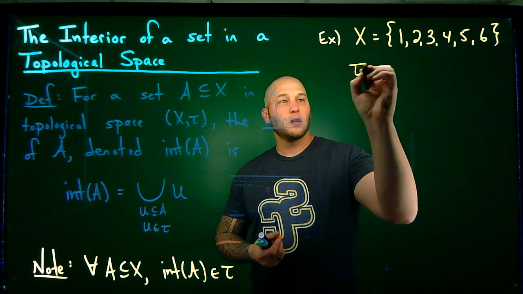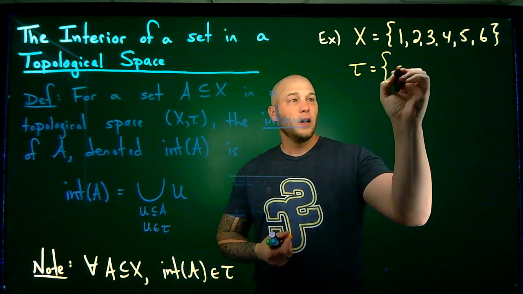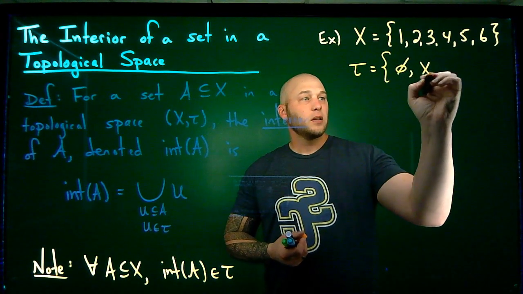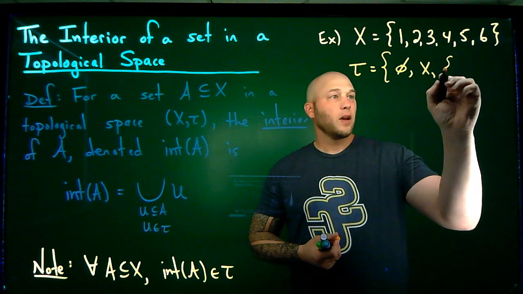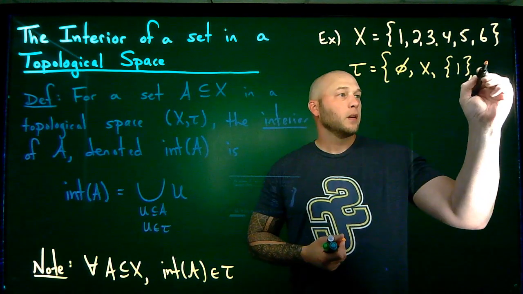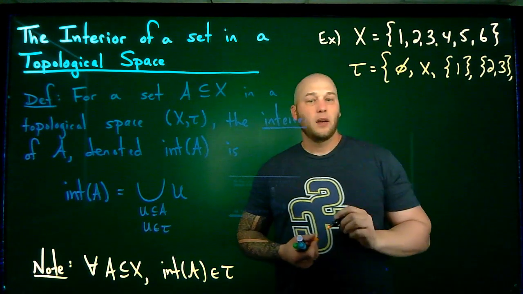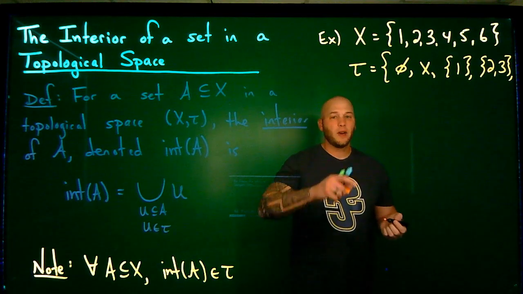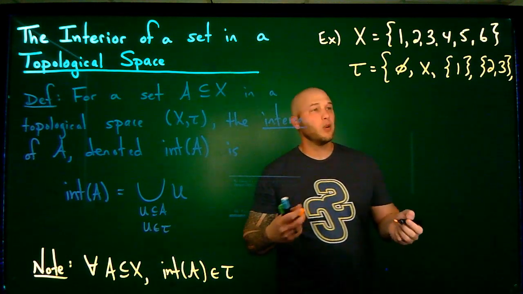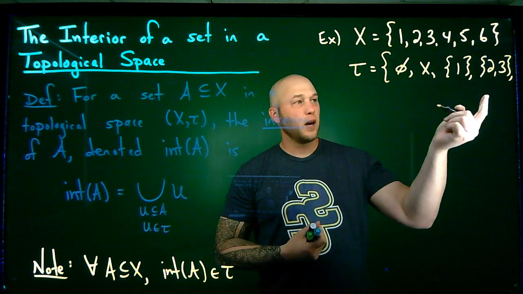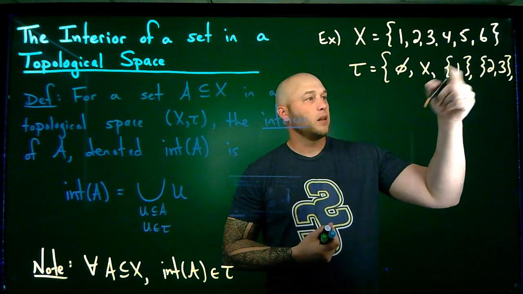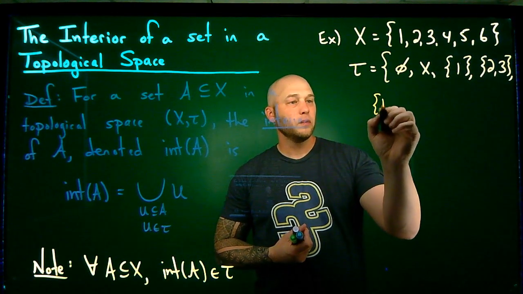Let's say this topology tau contains the empty set, X, the singleton 1, and the set 2, 3. Let's build this as we go. Well, if it has the singleton 1 and it has 2, 3, it has to have both the union and intersection. The intersection would be empty, and the union would be 1, 2, 3.